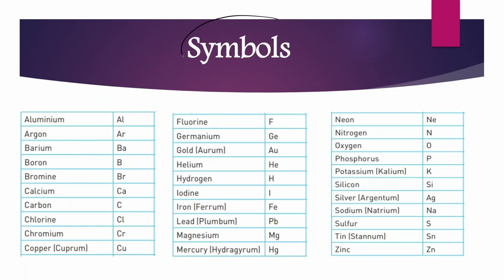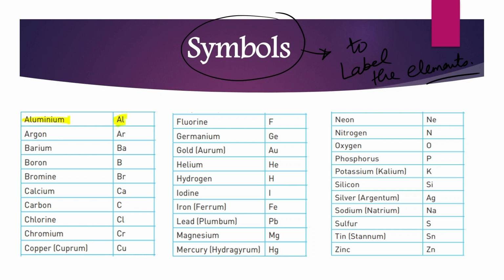Chemists use symbols to label the elements. The symbol might be one or two or three letters from the name of the element. For example, we have aluminum here. It starts with Al and the symbol is Al.